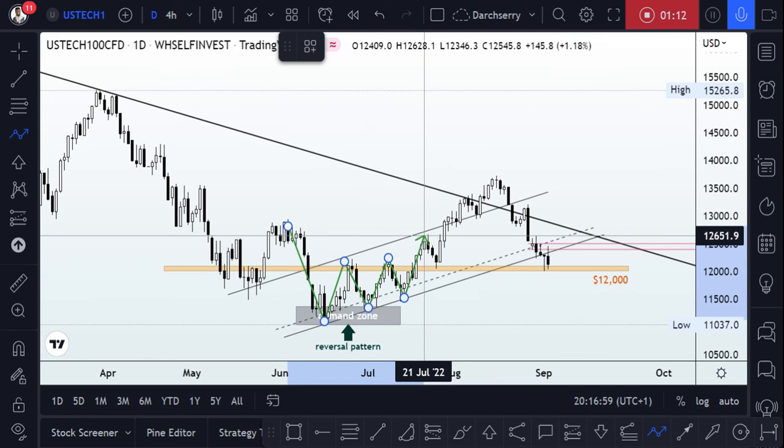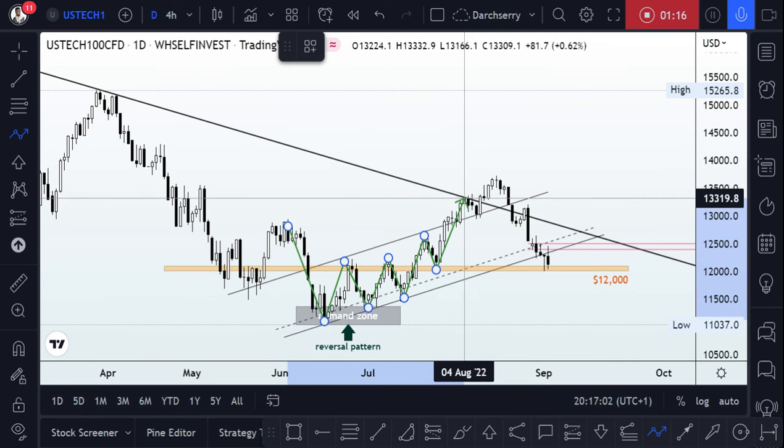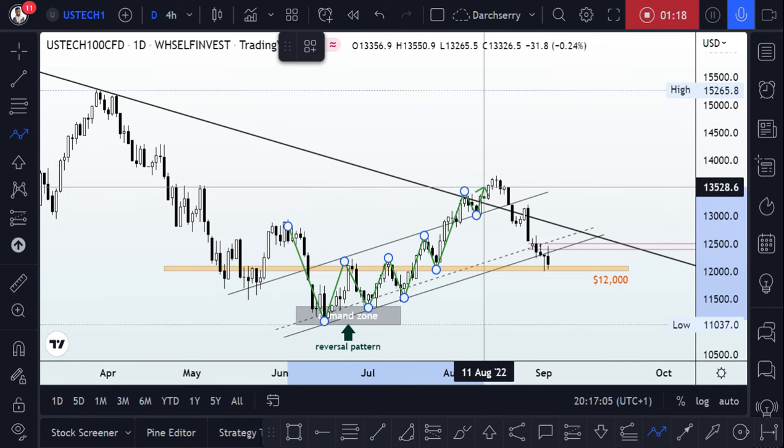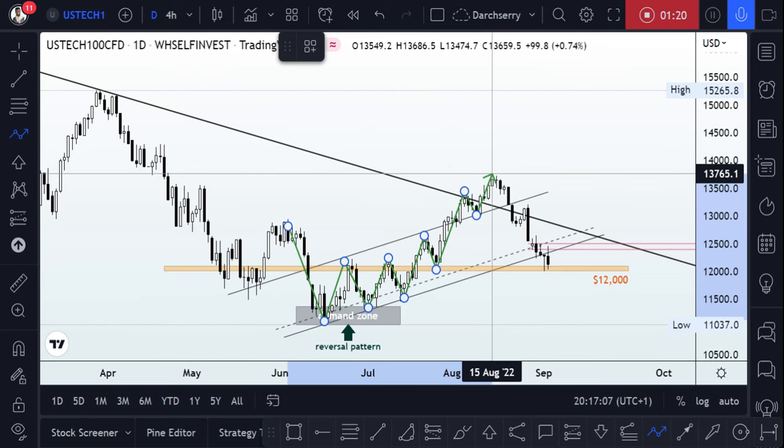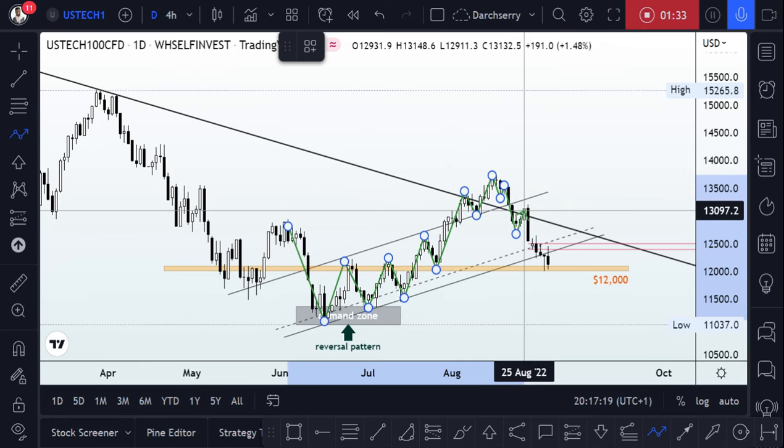We saw the breakout of the structure, price did a retest of the structure, and we saw price continue to find higher highs. And as soon as price tested the $13,750 level, we were able to take this move after we cited reversal patterns on lower time frame to join the decline to the downside.